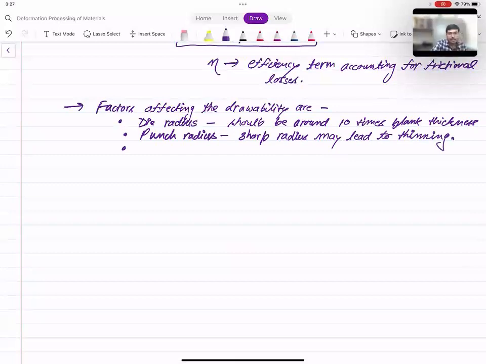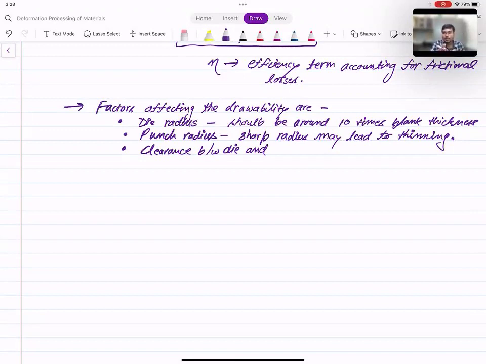The next factor is the clearance between the punch and die. There should be some allowance between the punch and die, so the clearance should be around 20 to 40% more than the thickness of the sheet. We are talking about the die and punch, so we should not consider the sheet; I mistakenly said sheet here.